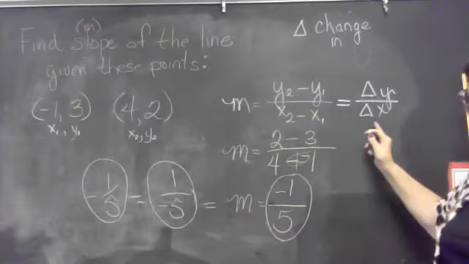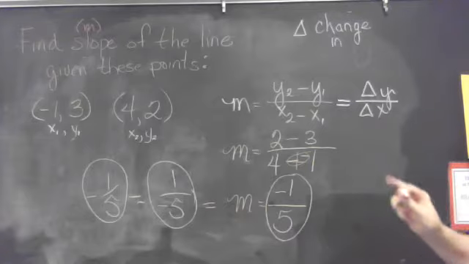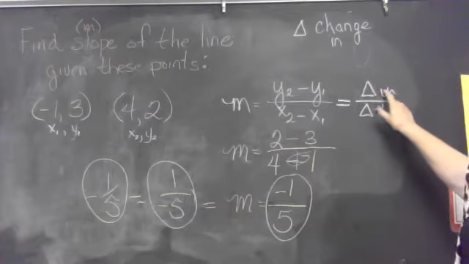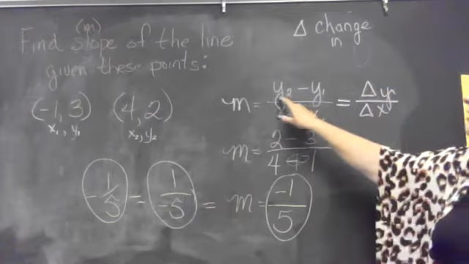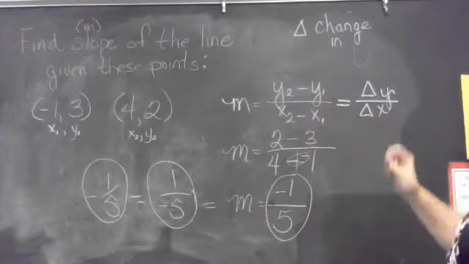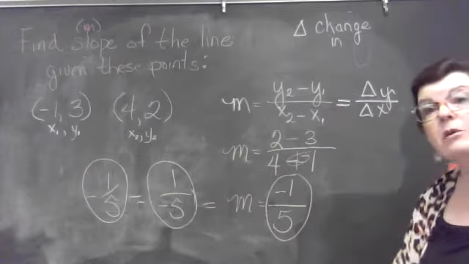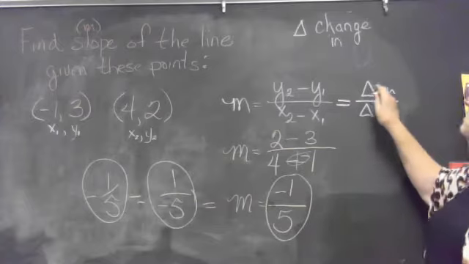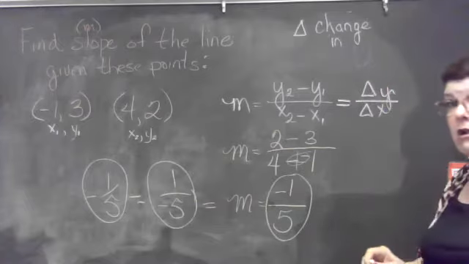Okay, it says this. But you guys, I want you to pay attention here, because the change in y simply means where I subtract the y's. So the only reason that I gave you the second page is because I want you to be aware that this isn't anything new at all.